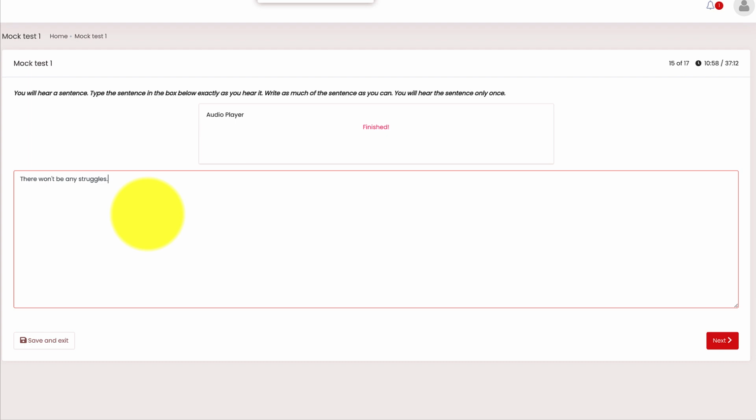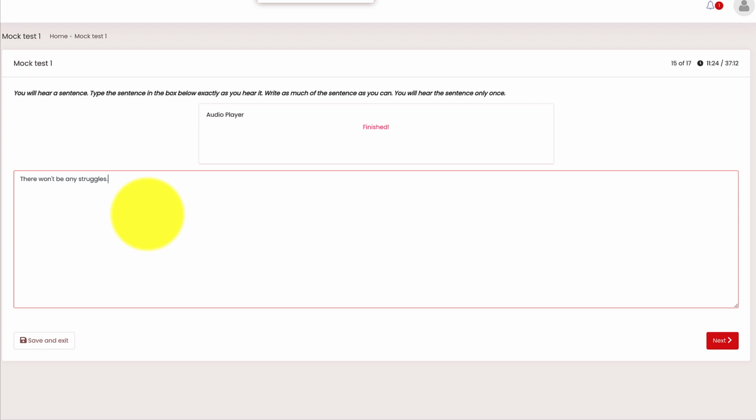Then we have select missing words, in which we listen to a recording in which the speaker speaks until the time he or she is interrupted. So that means the speaker keeps speaking and suddenly they are interrupted. Your job is to guess what the speaker would have said if the speaker had continued. So you'll be given 4 options again, and you pick one that you think the speaker was going to say.